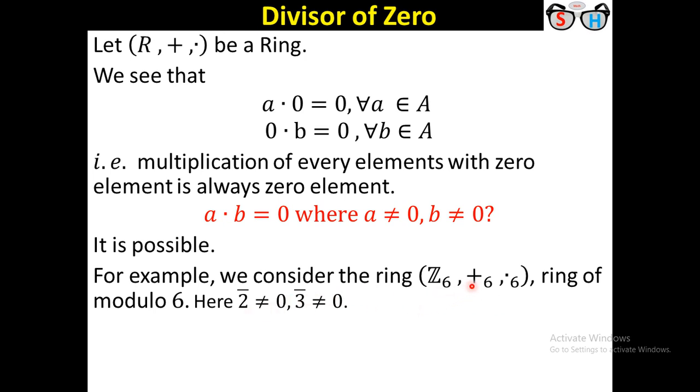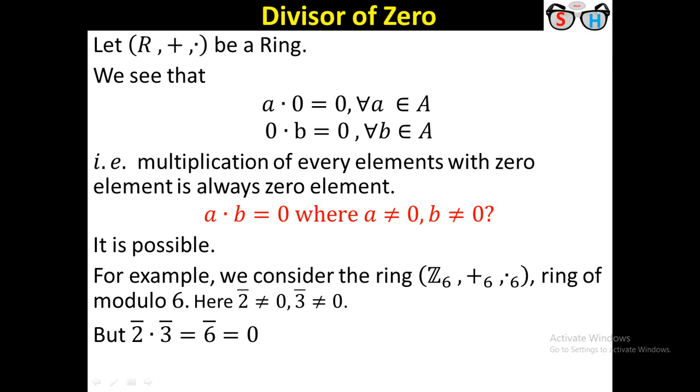Here I write plus suffix 6 or multiplication suffix 6 to mention the addition and multiplication over Z6. Actually these are not the usual addition and multiplication of real numbers. Here we consider two non-zero elements 2 bar and 3 bar. The product of 2 bar and 3 bar means 6 bar.